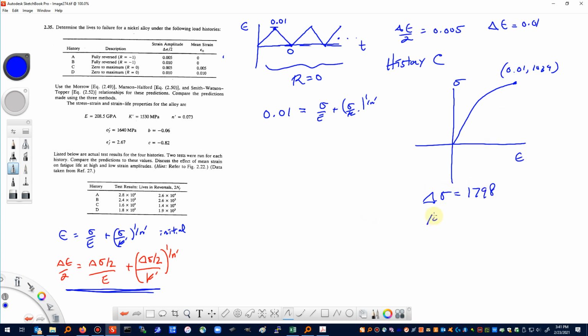Okay, so I'm up here at 1039. I have a range of 1798. I get down to minus 759.